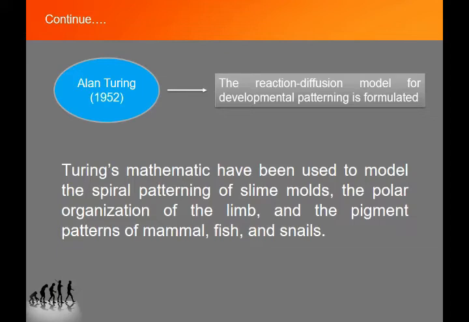These patterns would represent the regional differences in concentration of the two. Turing's mathematics has already been used to model the spiral patterning of slime molds and the polar organization of the limb, also the pigment patterns of mammals, fish, and snails.